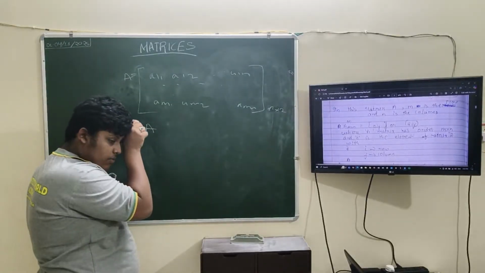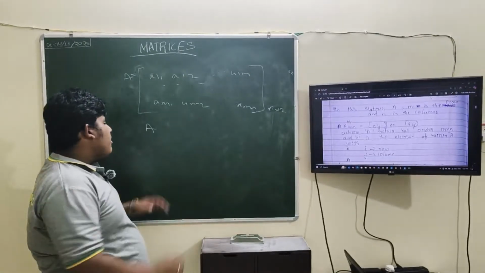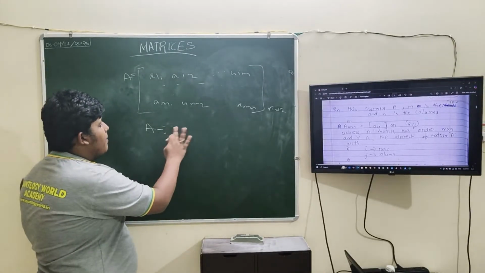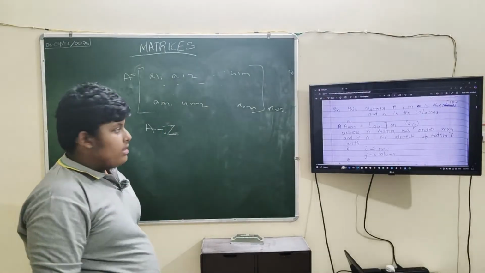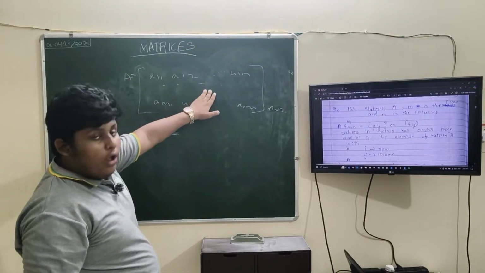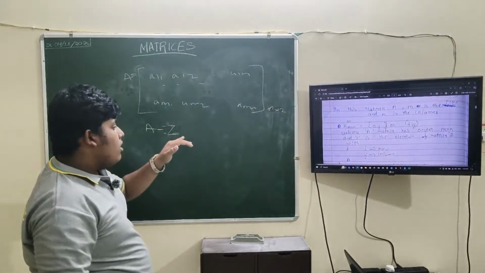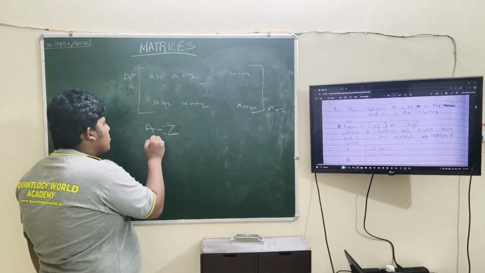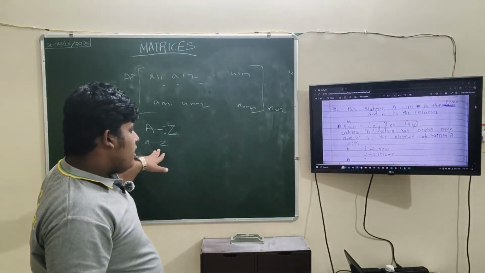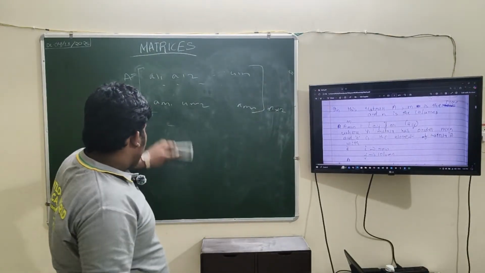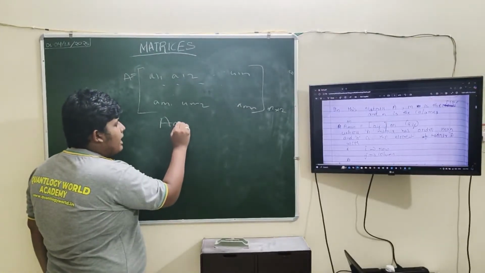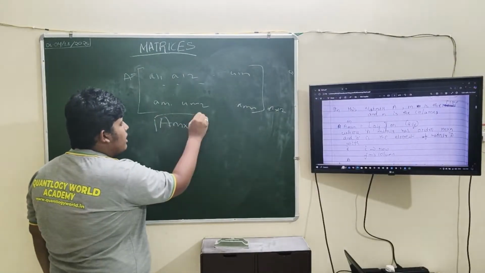If we are naming a matrix, then we can give the names from capital A to capital Z. Capital letters are used for naming the matrix. If the matrix is A, then the elements will be written in small a. Like that, for elements of the matrix, we can write small a to small z. For naming purpose, we write A m cross n.